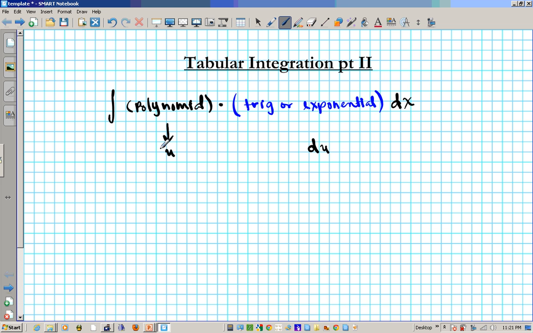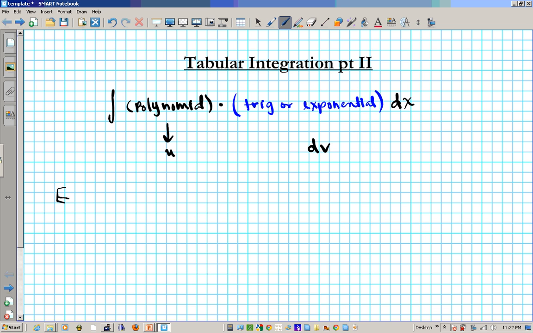The goal here is by repeatedly differentiating u, when you're looking for du in the integration by parts, eventually the polynomial function is going to become 0. And then the other one keeps cycling either between sine and cosine, or it just remains an exponential function with some constants that vary. So these are the kind of problems that you use tabular integration for.